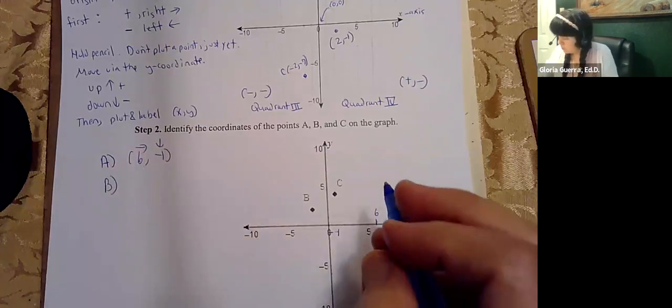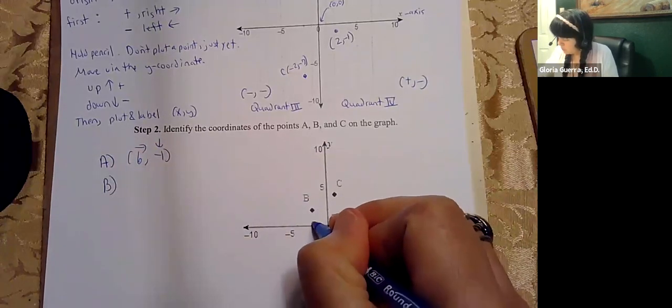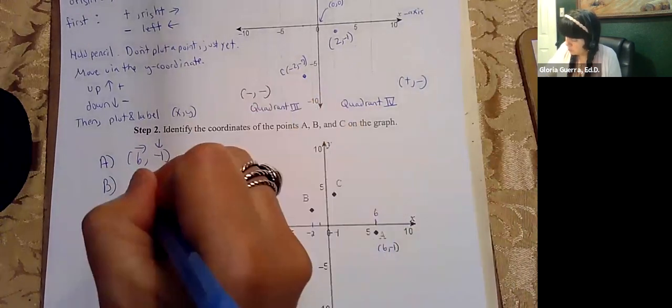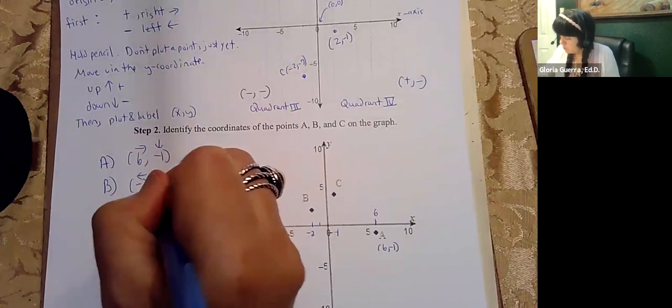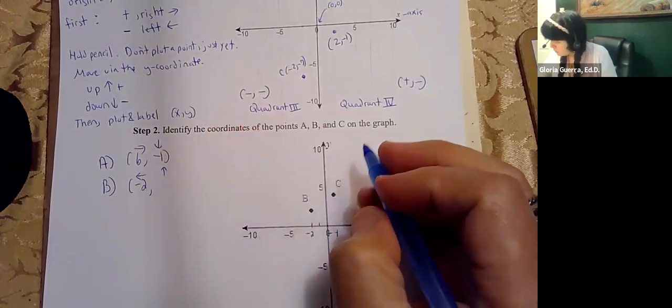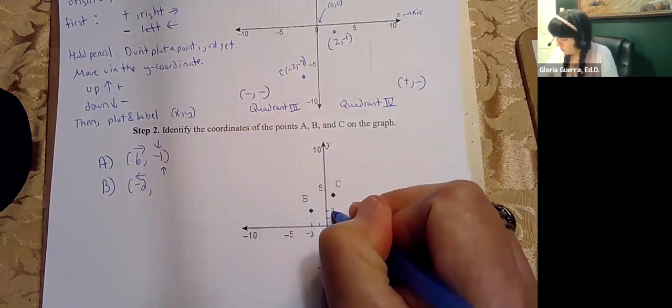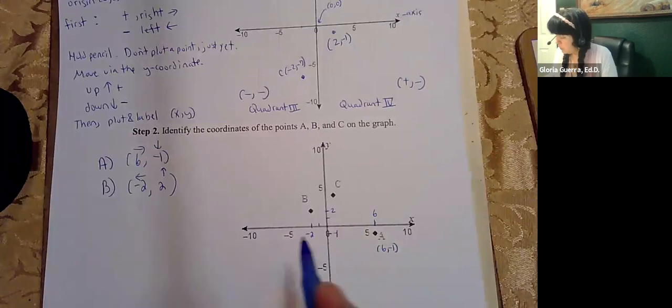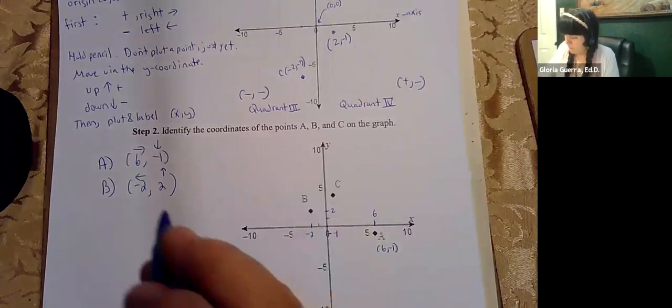B looks like you went to the left, out 2, and then you went up also about 2. So -2, 2.